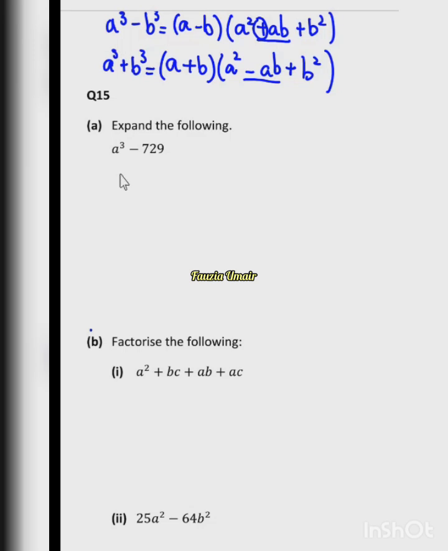So this is a cube. I know this is a cube number. Can anyone tell me 729 is the cube of what number? Any guesses?